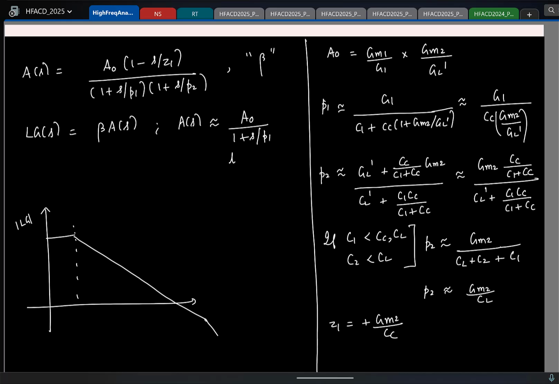This is again till the unity loop gain frequency. This is in general true for any well compensated system, which means this behaves like a first order system till the unity loop gain frequency. So now things are simple. I have a first order system. So what is the unity loop gain frequency now?